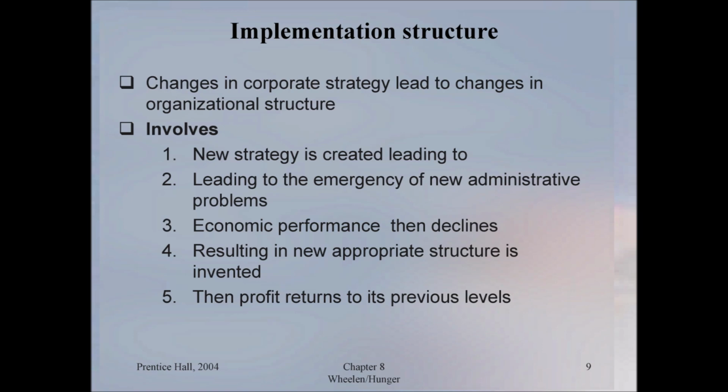Then profit returns to its previous level. So you create a new strategy, and it comes with problems because a new strategy calls for new things. Once problems come in, you expect that there will be a decline. Once there is the decline, you put in place the appropriate structure. Once the appropriate structure comes up, you go back to your profit level and you make a return.